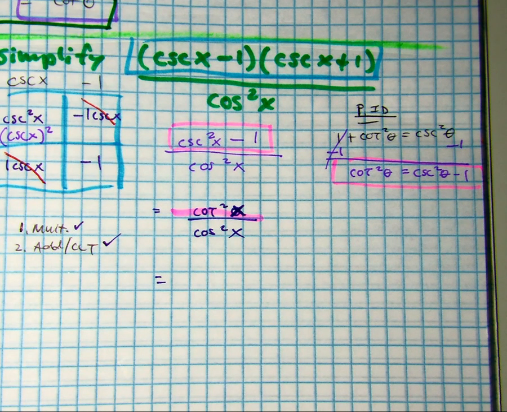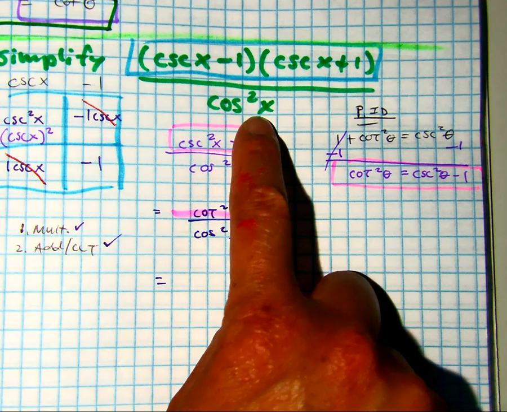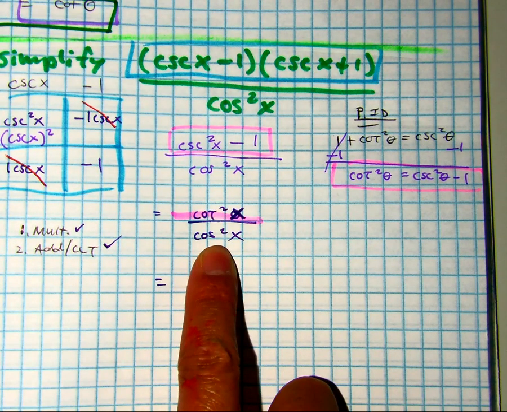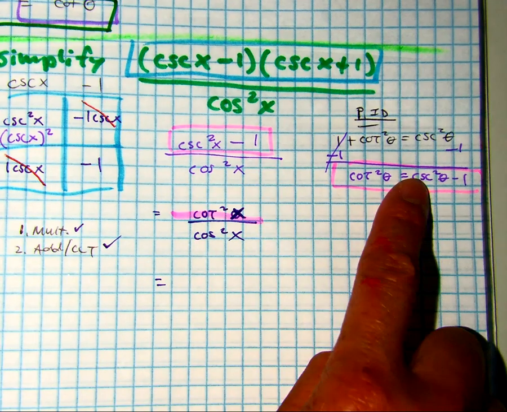Gustavo, partner's name? Pamela. What do you know about cotangent? Cosine, right? Because we use the Pythagorean identity.